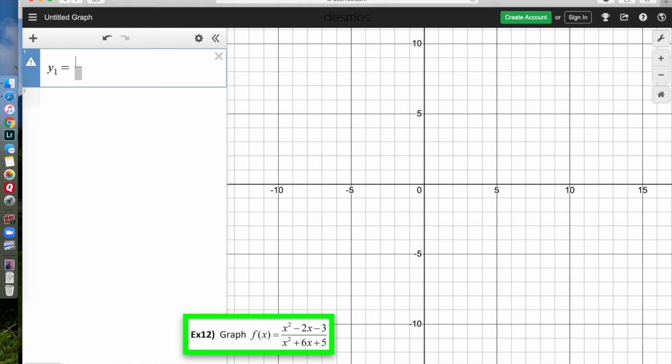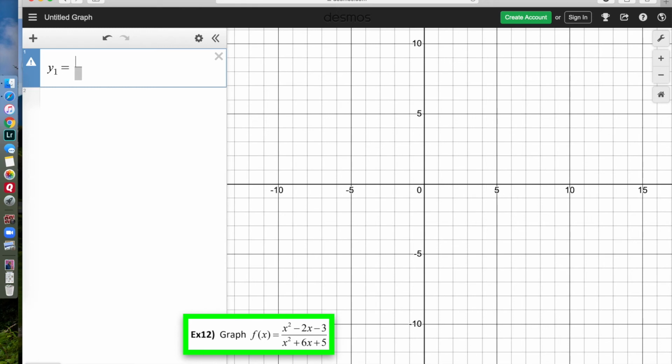If you have already factored the numerator and denominator, don't type in the factored versions, and especially don't type in the simplified version, because you need to see that there's a hole in the graph, and you can't accurately represent the hole in the graph if you've already simplified and canceled out parts of the equation.